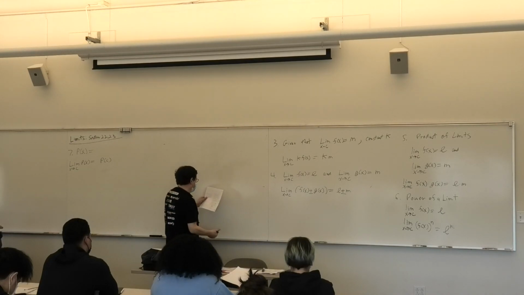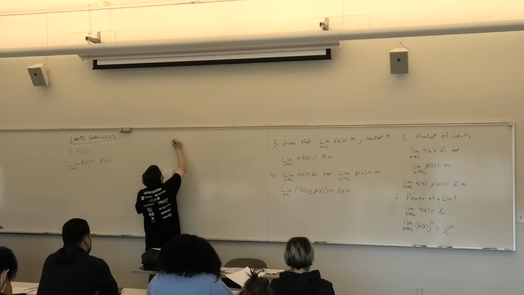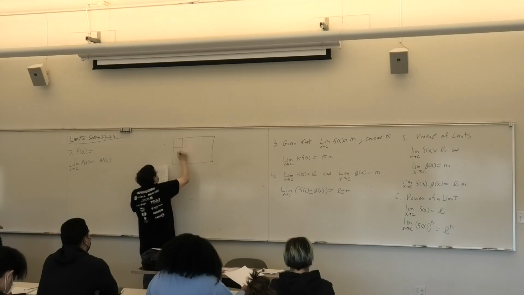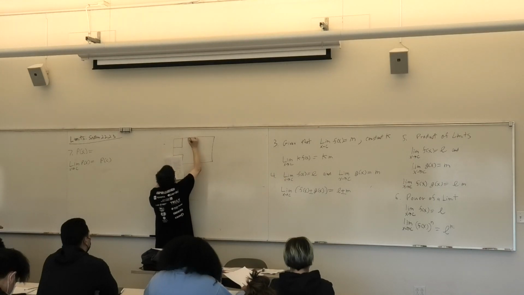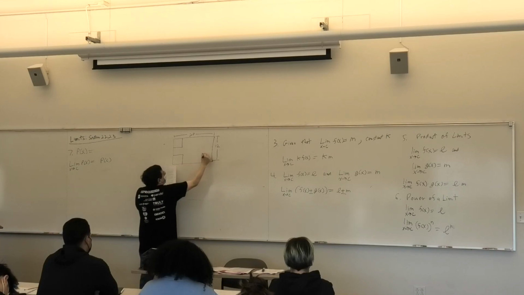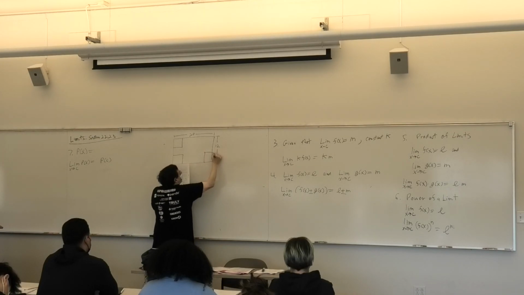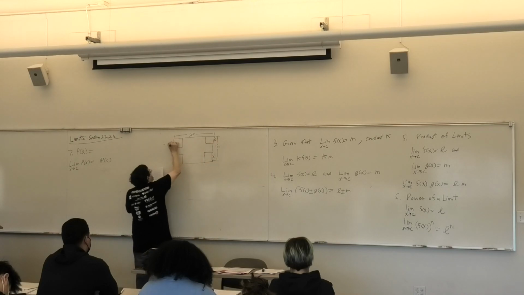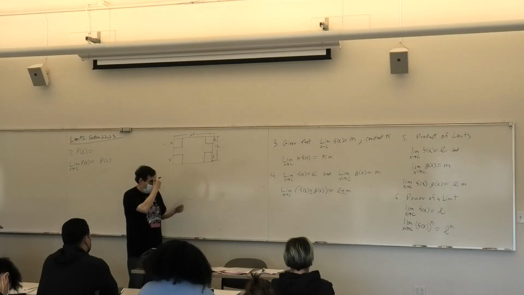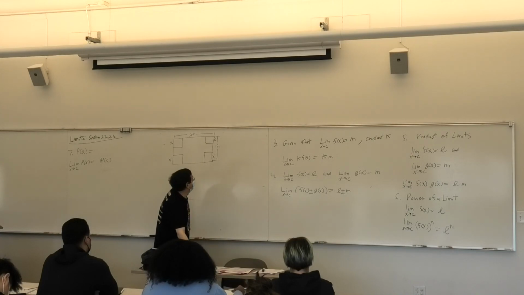Okay, so they say a box with an open top. Kind of looks like this. This is 20. And this is 12. And you kind of cut these corners out. Each of these is x. And express the volume as a function of x. Okay.